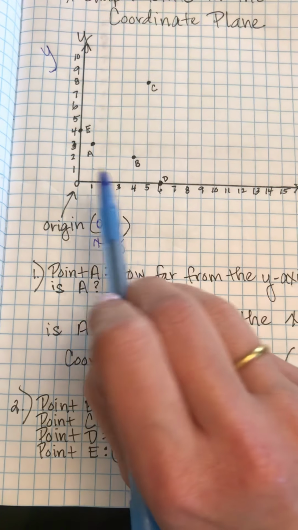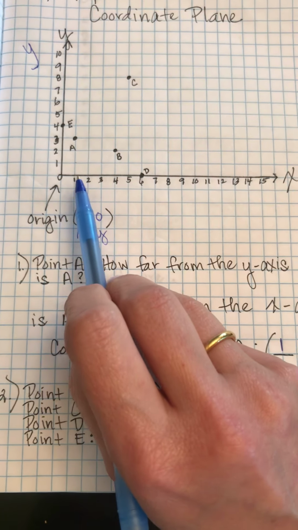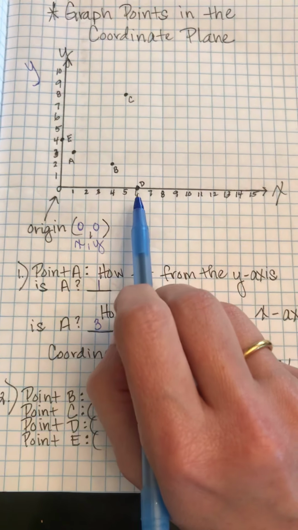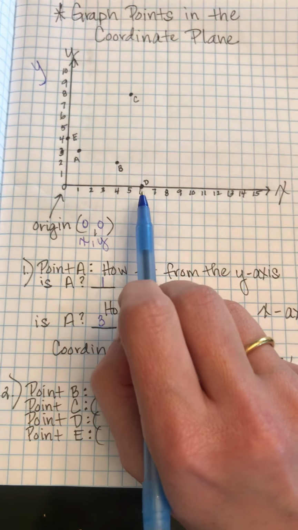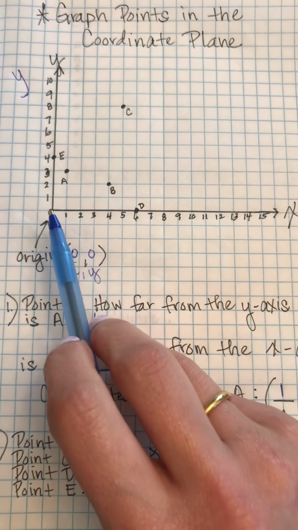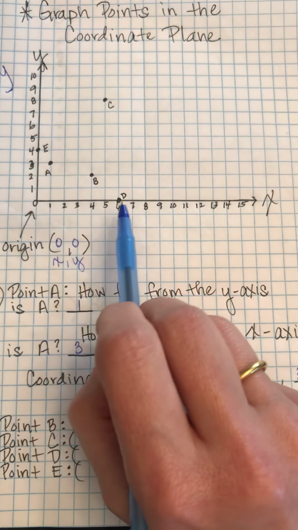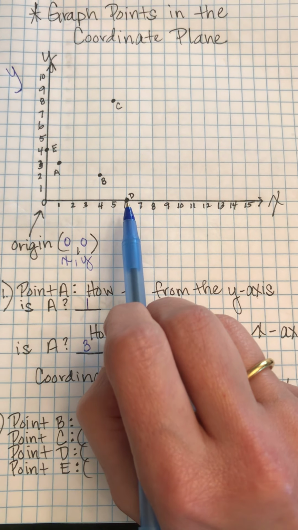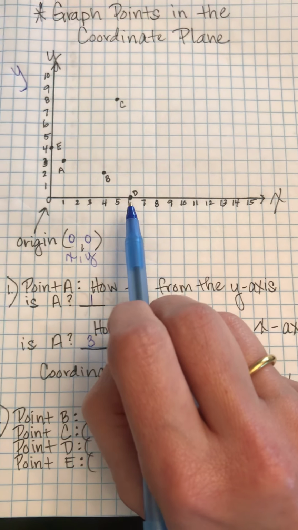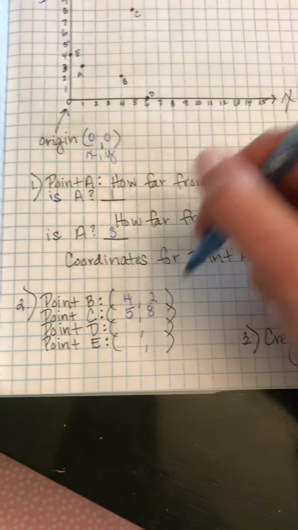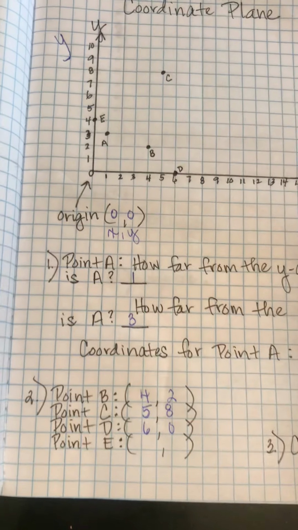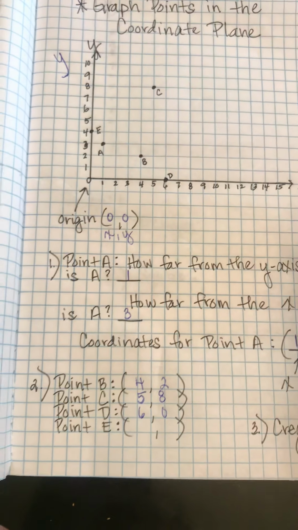Here's point D. I see that we are 6 away from y, and we're not any away from x. So this is a different kind, isn't it? So we're over 6, and guess how many we're up? We're up 0. So the coordinates for D are 6, 0. Okay, over 6, up 0, because we did not go up at all.